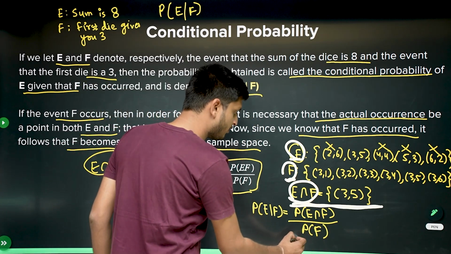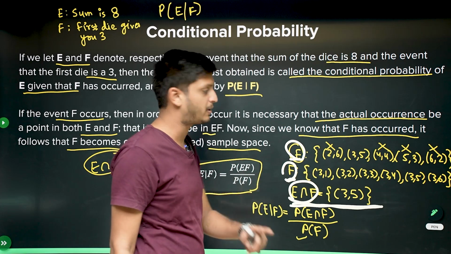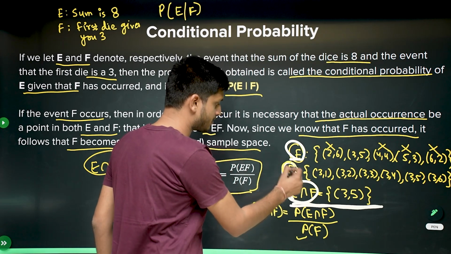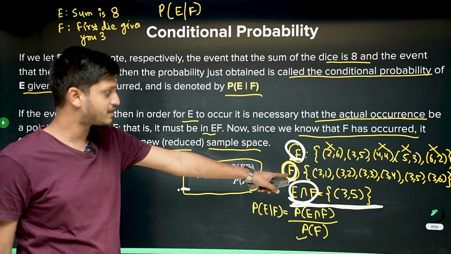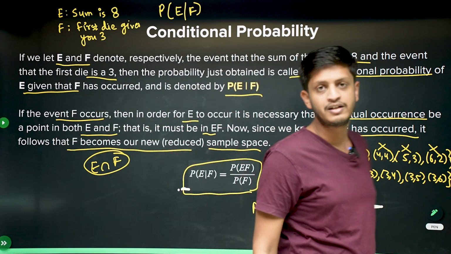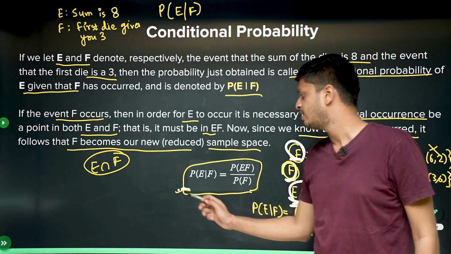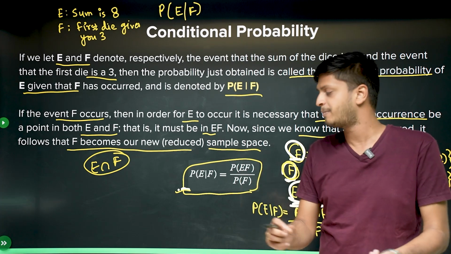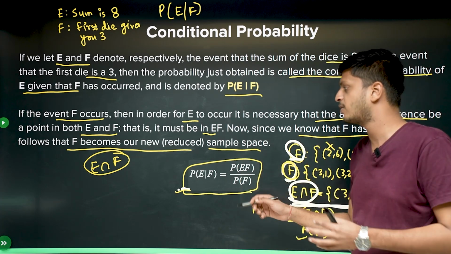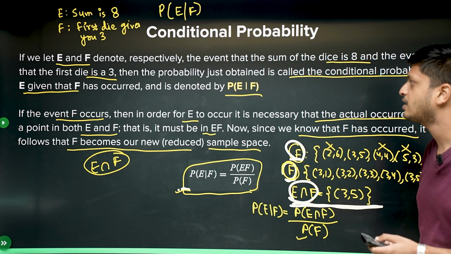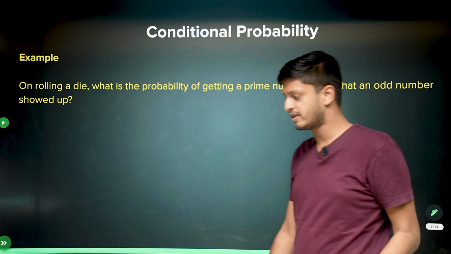So we divide by P(F) because F has already happened. This is our sample space now. Okay? So this is how conditional probability is defined: the probability of E given F is P(E intersection F) upon P(F). Okay? Let's start to solve a few examples.